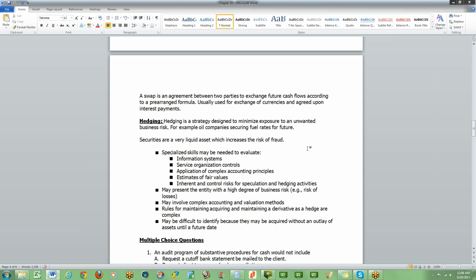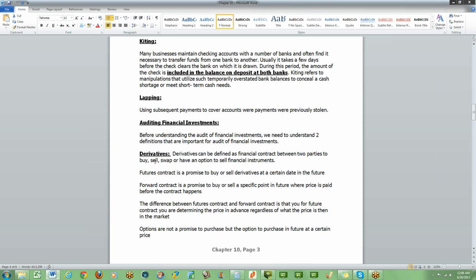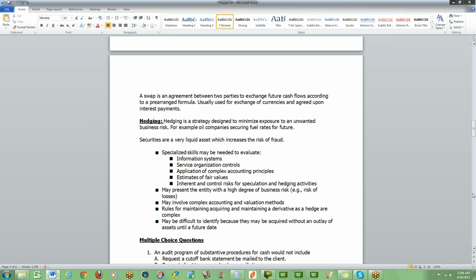And all these securities, they are liquid assets, which may increase the risk of fraud, but they also increase the risk. The assertion of valuation and presentation and disclosure also gets very important. So you may need a specialist to audit these things. I am certainly not a financial expert, and if I were to audit these instruments, I may know the definitions, but I may need a specialist's help because I haven't specialized in that field.